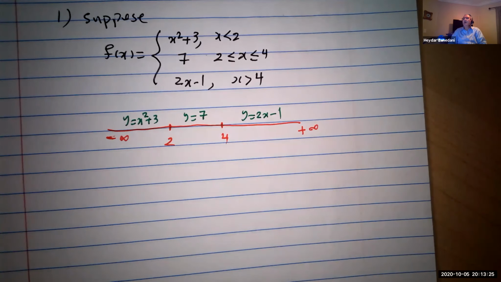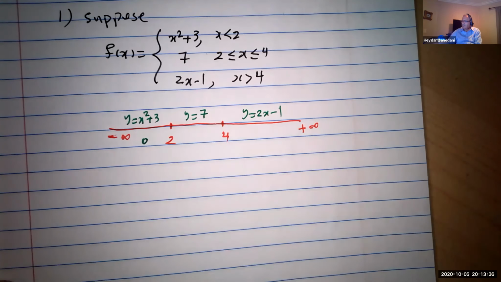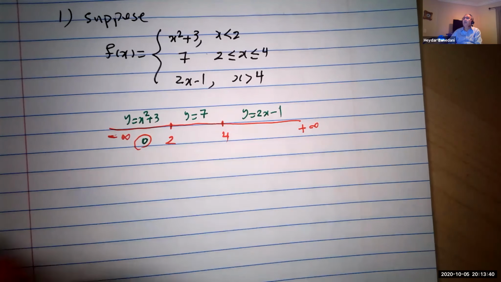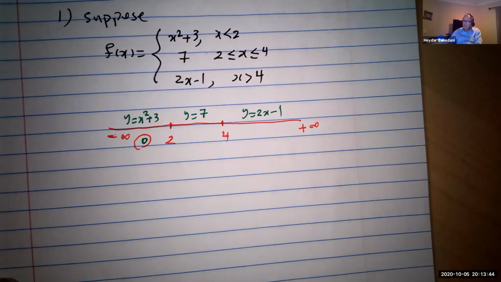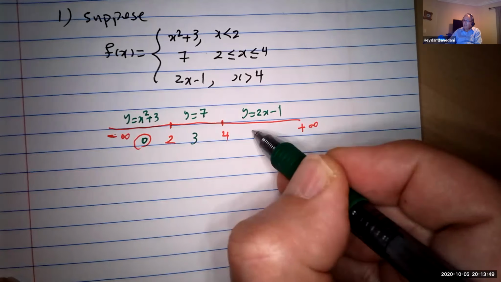The numbers that they ask you, just put them over here. They ask for f of 0, f of 3, and f of 5. You see 0 is here, 3 is here, and 5 is here.